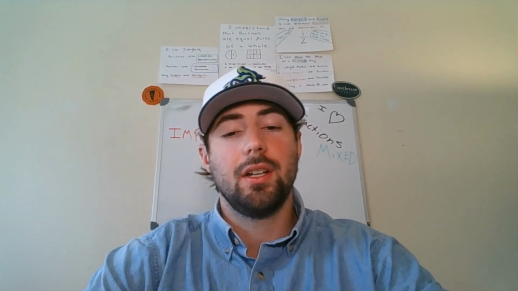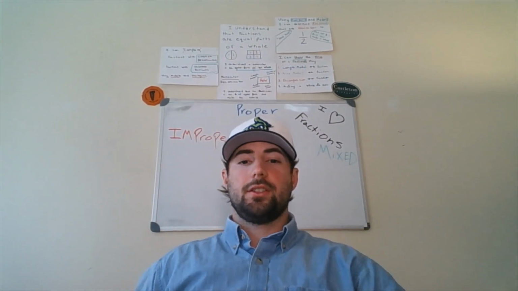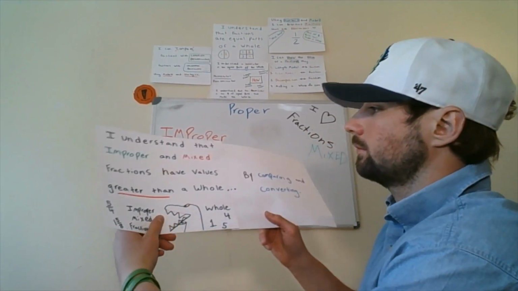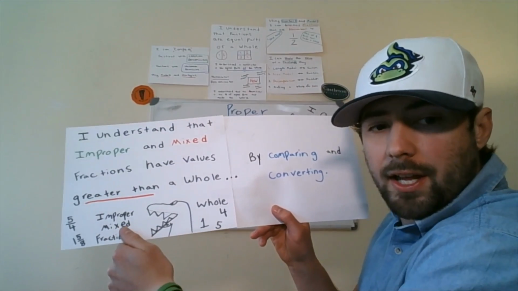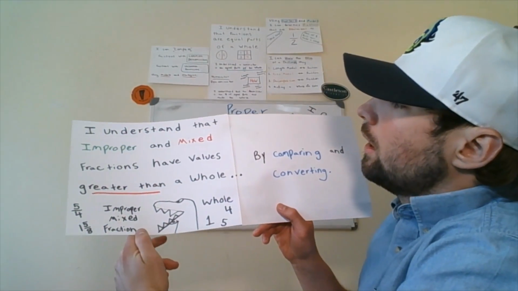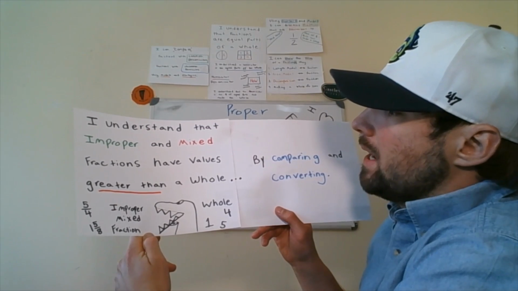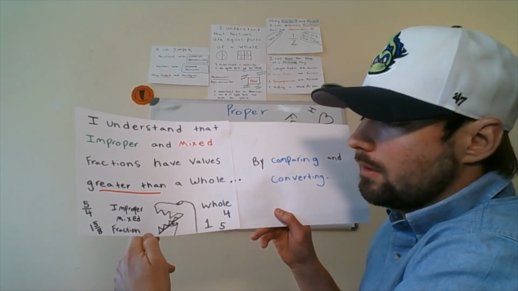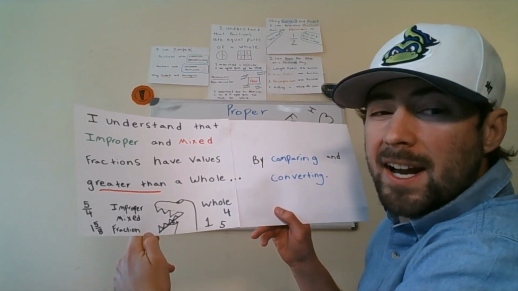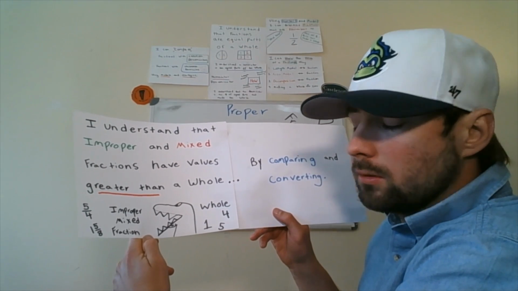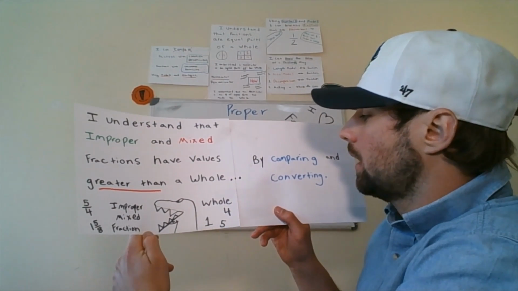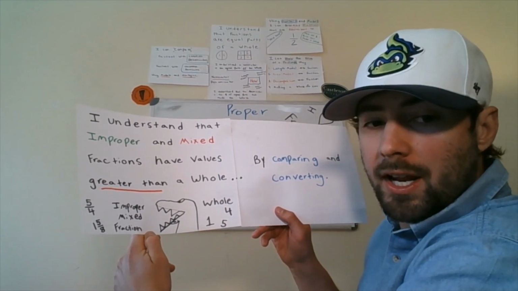In that case, let's take a look at those learning targets. Our first learning target: I understand that improper and mixed fractions have values greater than a whole by comparing and converting.